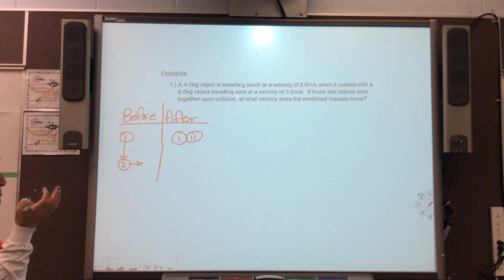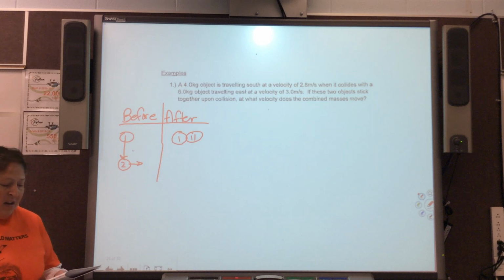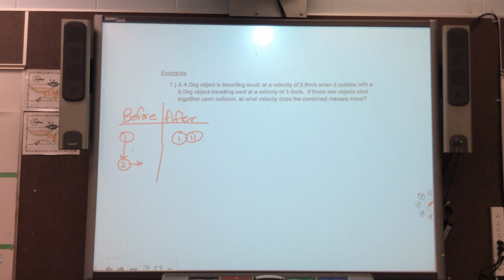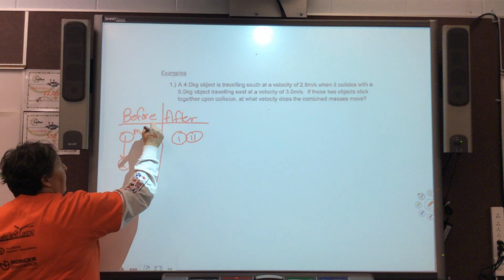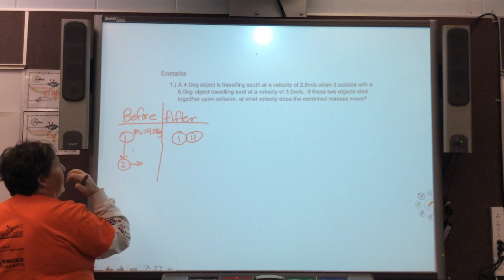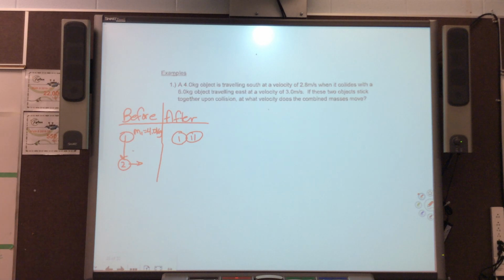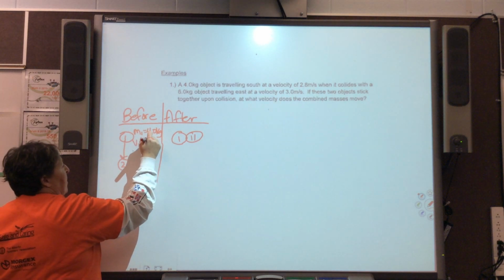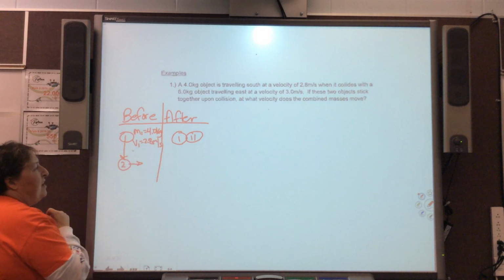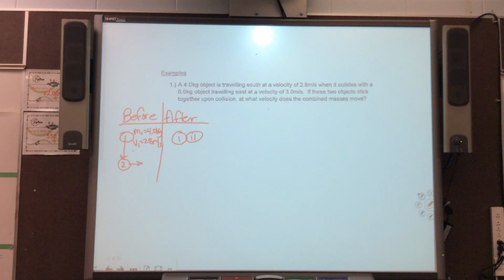So we have some information in here that we can add in. What pieces of information do we know? Mass of the first object, which is 4 kilograms. What's another piece of information, Cameron? The velocity of the first object. Another piece of information, Sophia?